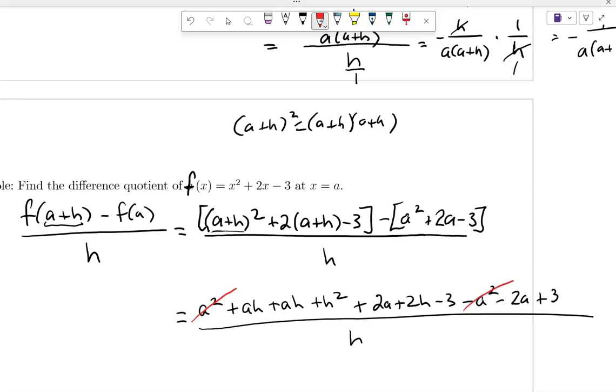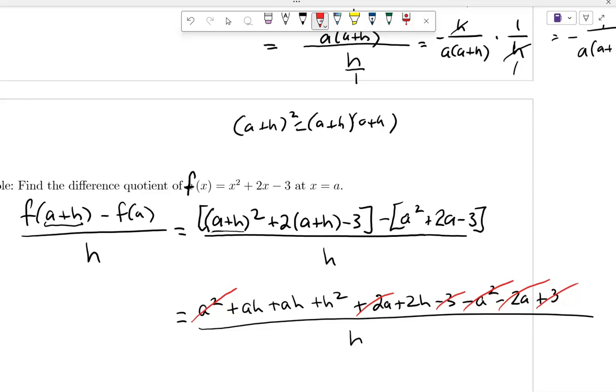Anything else? 2a goes away. Anything else? 3 goes away. Notice everything else that's left has what in it? An h. What did we say our goal was? Get rid of the h in the denominator, right? Everything on top has an h in it, which means we can factor out an h.